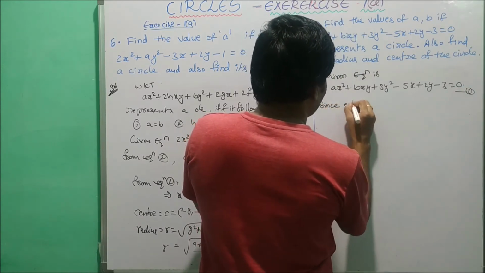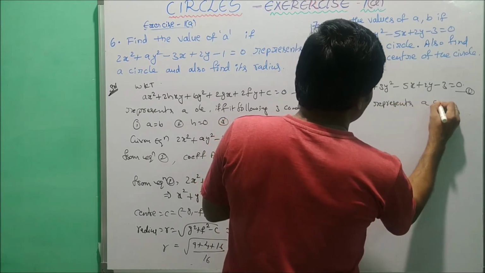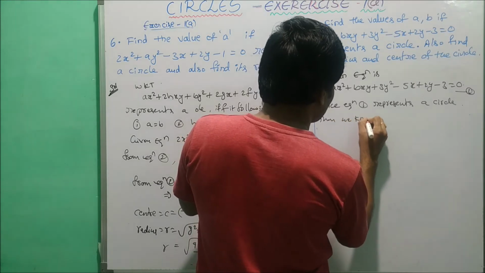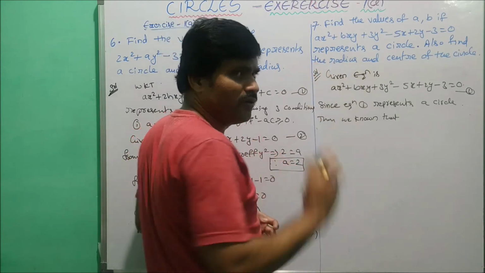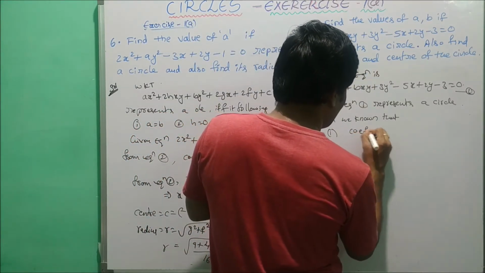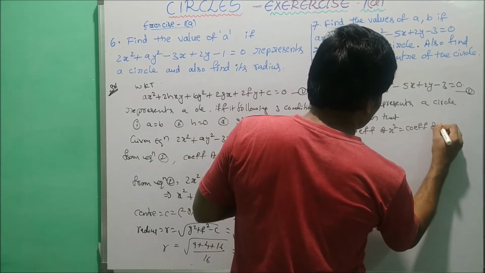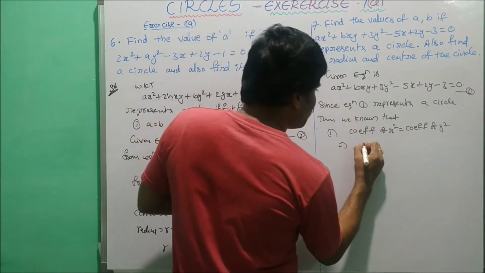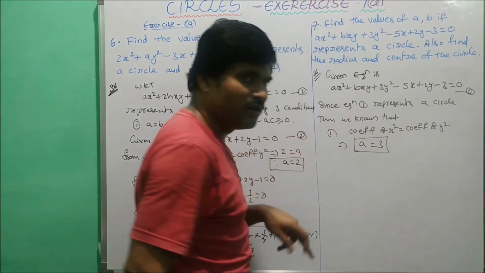Since equation 1 represents a circle, we know that the coefficient of x² equals the coefficient of y². From this condition, the coefficient of x² is a and the coefficient of y² is 3. So the value of a equals 3.